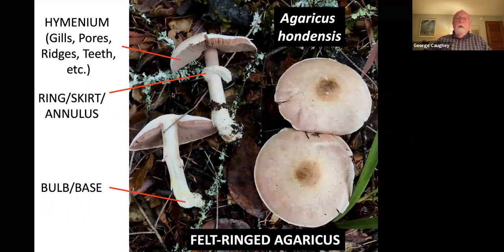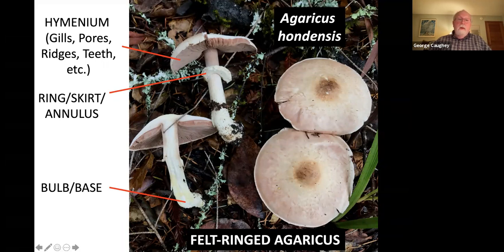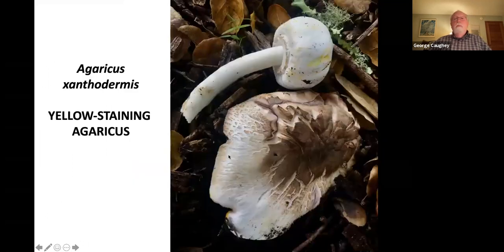And it's very closely related to the button mushroom, which is why it probably looks familiar, that's in the grocery stores. But it's not good to eat. And it smells like phenol, like a chemical, not like something edible. Often gets a little yellow in the base of the stem. I don't know if you can see it. Anyway, very, very common mushroom here.